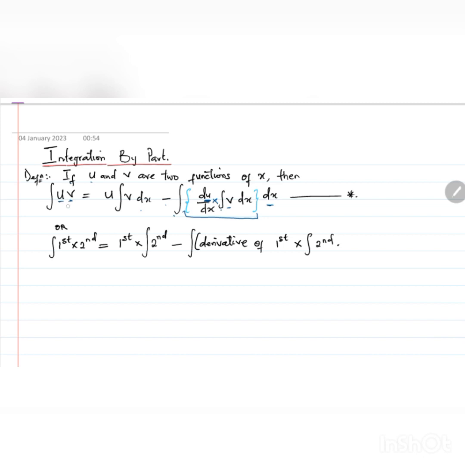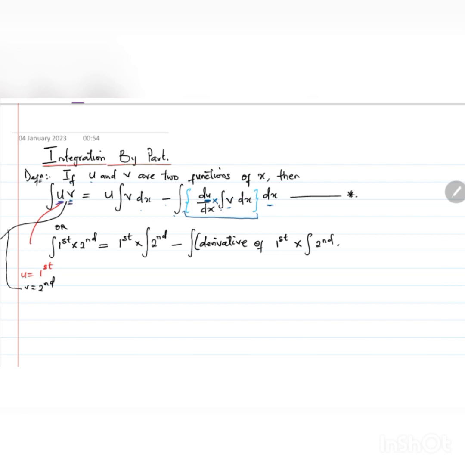Now, to break down this definition to layman understanding, I can say let u equal the first function and v should be equal to the second function.